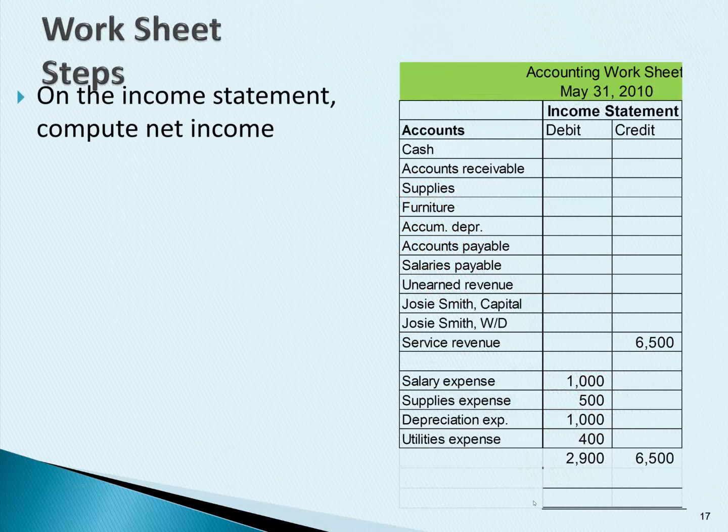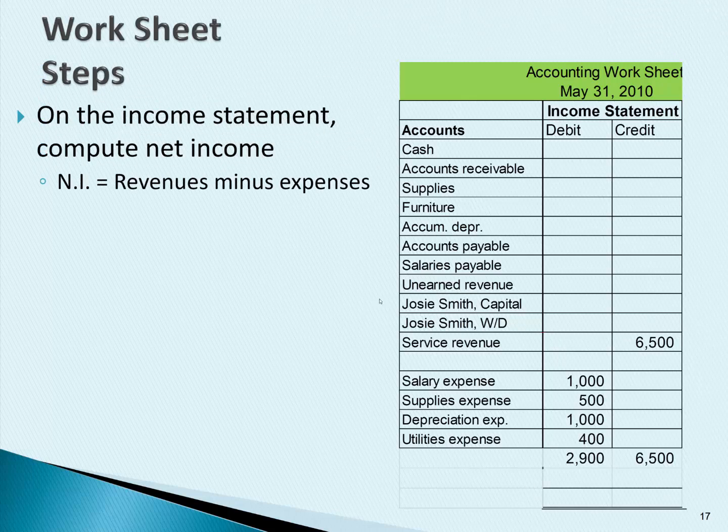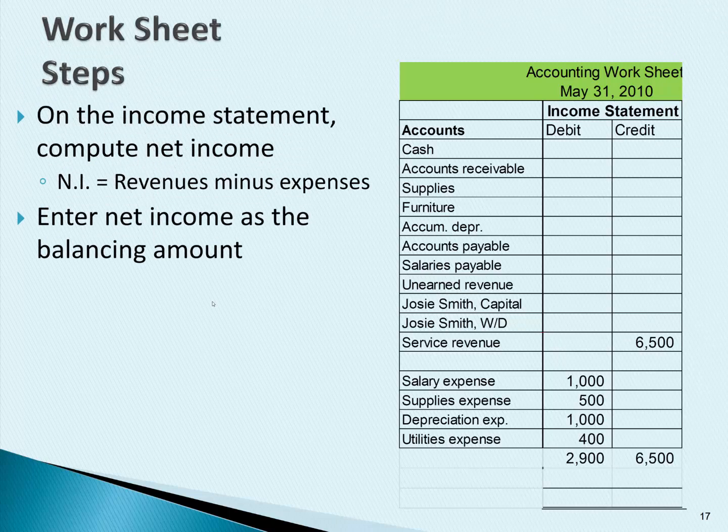So now let's just concentrate on the income statement columns. So remember, the formula for net income, NI as net income, is revenue minus expenses. So we're going to calculate net income. Revenue is $6,500 minus the expenses, $2,900.